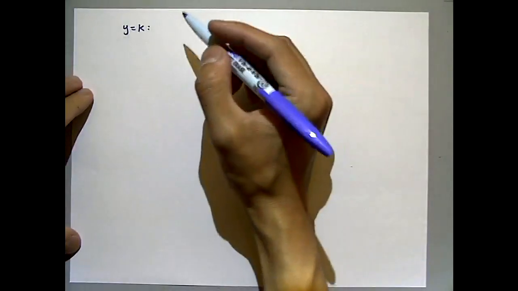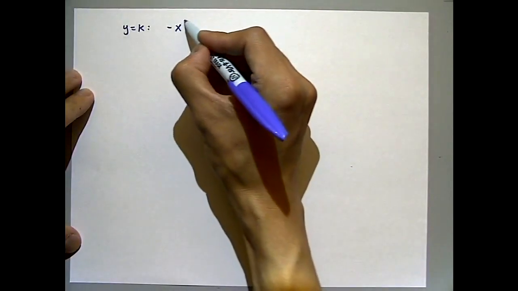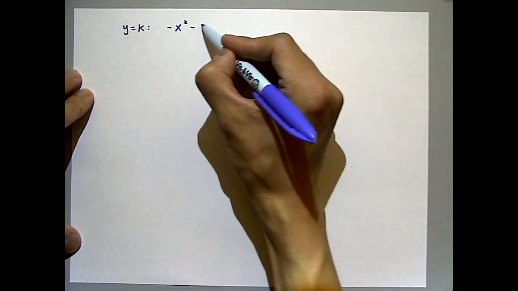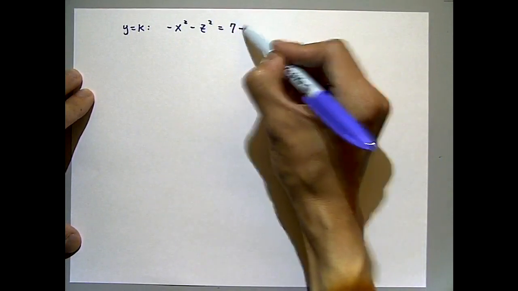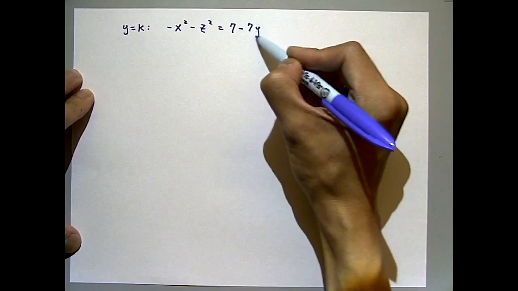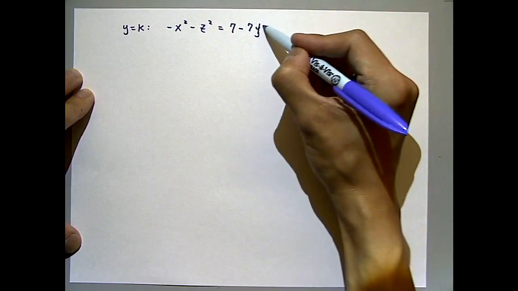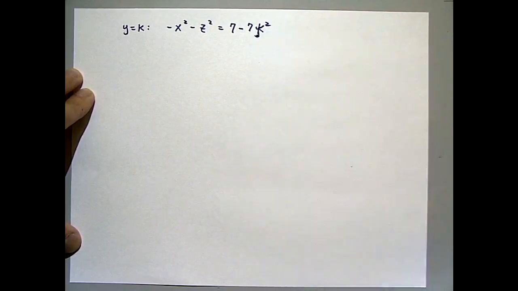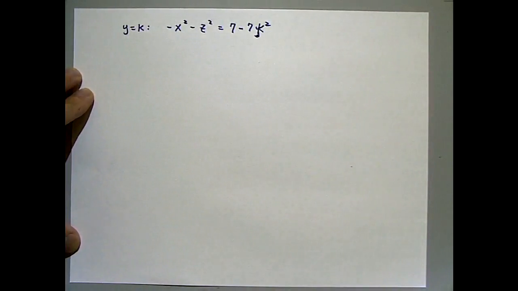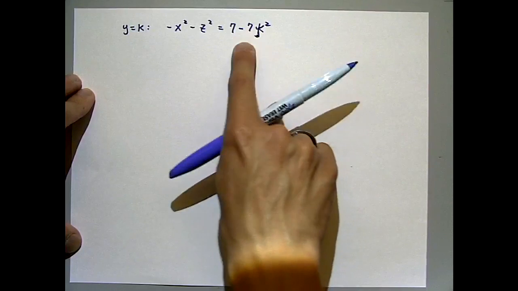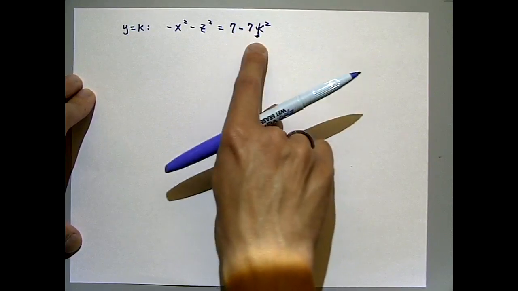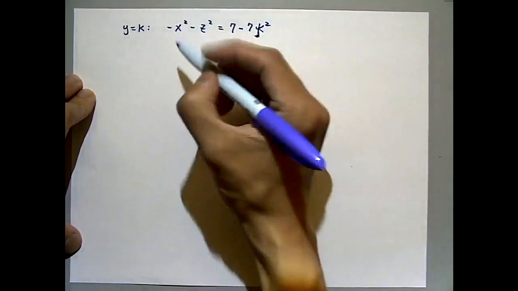If y is equal to k, then the equation can be rearranged: minus x squared minus z squared is equal to 7 minus 7 k squared. And here we have a subtraction. Let's take the minus sign to the other side.